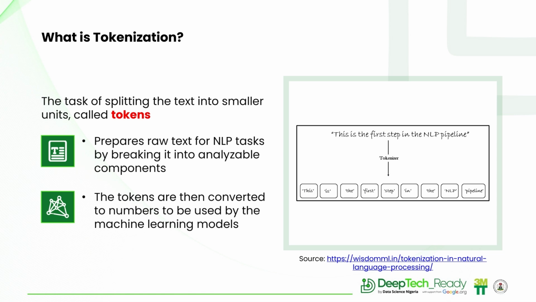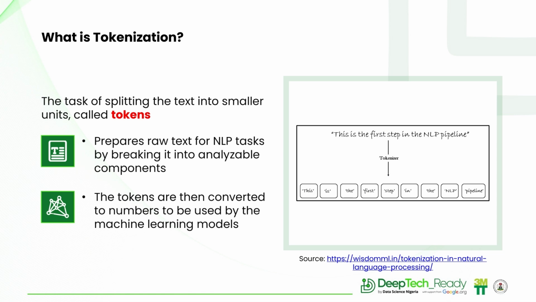This step is very crucial because machines cannot directly understand raw text. So if we break the text into analyzable components, the tokenization method prepares it for further processing, making it easier for models to work with this particular type of data.